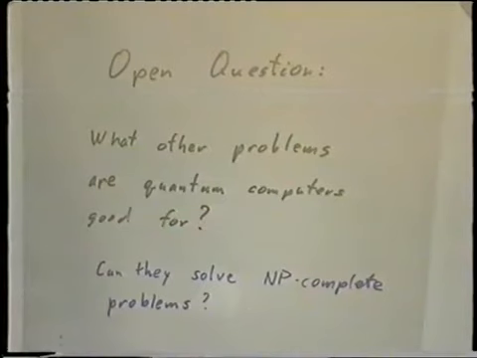In particular, can they solve NP-complete problems? And if they can't, it's going to be very difficult to prove that they cannot, because we can't even prove that classical computers cannot solve NP-complete problems in polynomial time. So we're not going to have a chance proving the same thing with quantum computers unless someone is very clever.